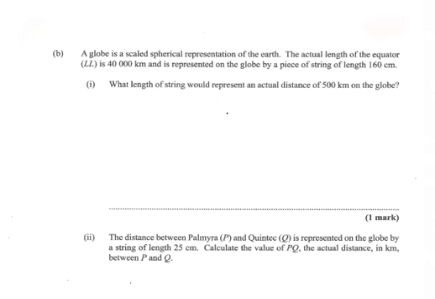All right, I normally do these questions like this. 160 centimeters on the globe is actually representing 40,000 kilometers. Now we're being asked what length of string would represent an actual distance of 500 kilometers on the globe.